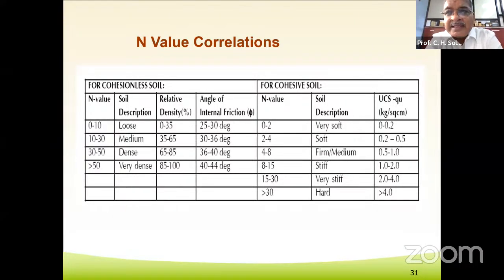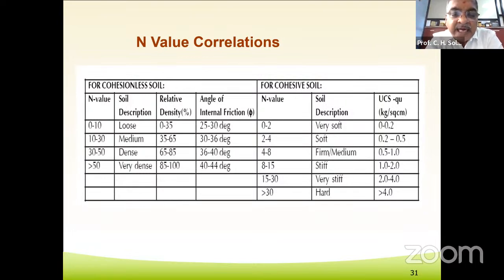If it is 65 to 85, the soil is dense, and greater than 85, the soil is very dense. Here it has been shown that if the relative density of the soil is less than 35, then in fine saturated sand meeting the water table, the chances of liquefaction are higher due to dynamic loading.